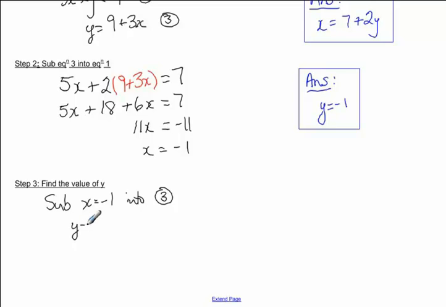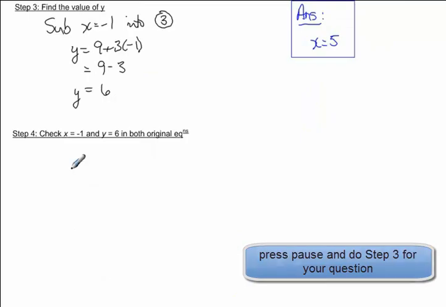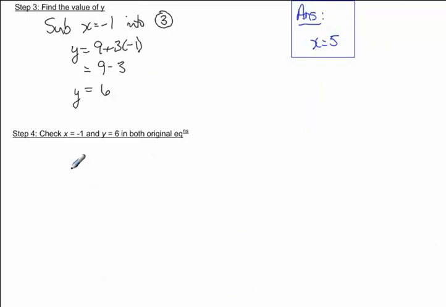So we have y is equal to 9 plus 3 times negative 1. So that equals 9 minus 3, which is equal to 6. So I've now found my y value. Now I'd like you to try step 3 for your problem. Your answer is shown in the blue box.